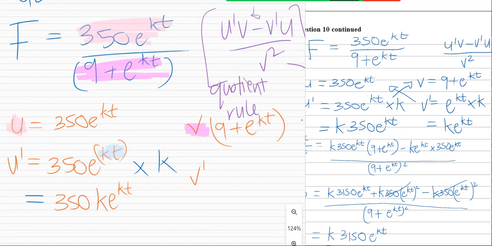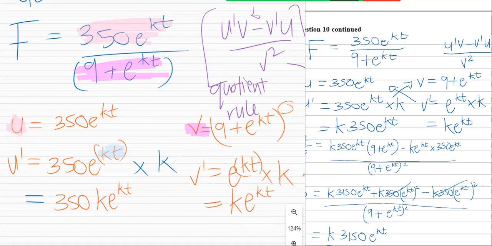I just keep it in a bracket because it helps me remember if I'm using the chain rule or not. There's no need to use the chain rule here, so we just do e^(kt). e^(kt) is a function of e, so everything stays the same, but you times by the first derivative of the function in the function, which is just k, because the first derivative of kt is k. So this simplifies to k e^(kt).